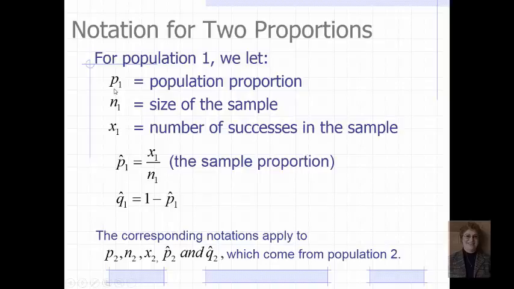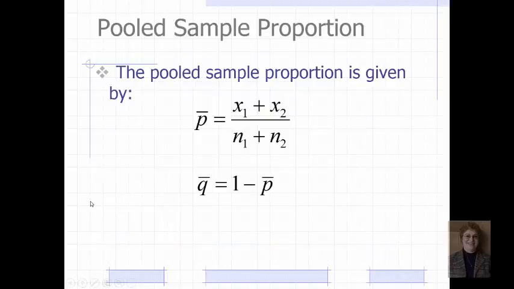So remember, the plain P is the population proportion, N is the size of the sample, X is the number of successes in the sample, P hat is the number of successes divided by the number in the sample, and then Q hat is the complement of P hat. And so subscript 1 stands for population 1, subscript 2 stands for population 2.